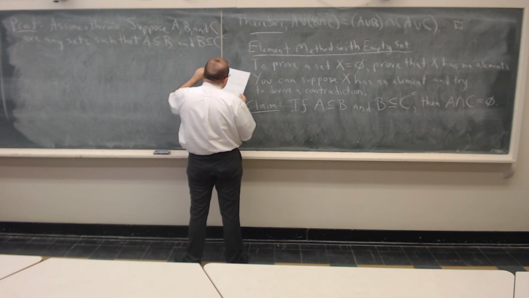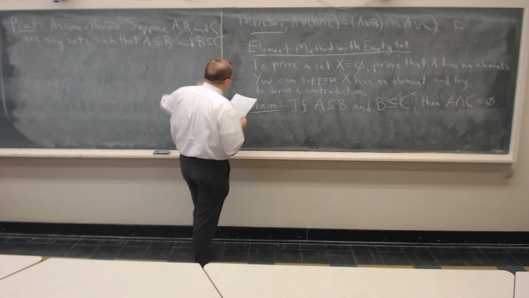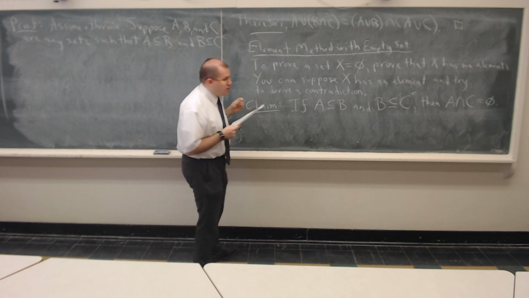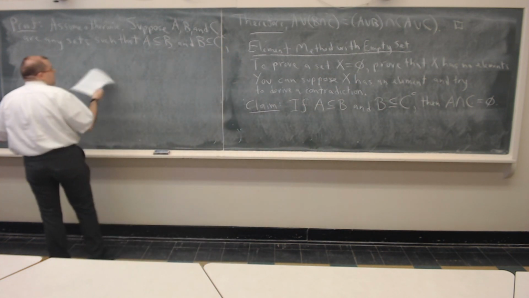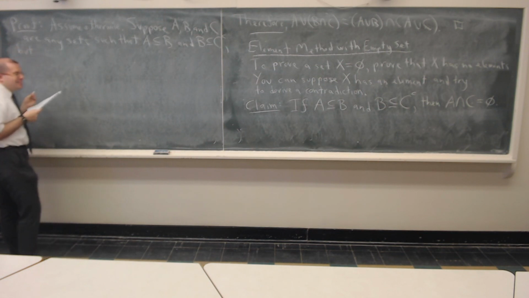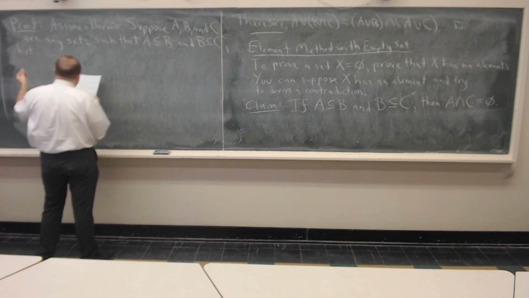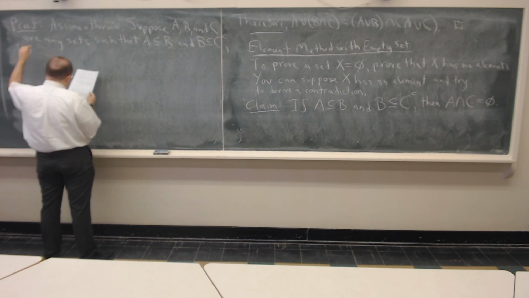But I'm not quite done, right? I still have to, this is one part of me negating the universal conditional statement, such that this, but, which remember, but is and, but I like to write it this way because it just kind of flows a little nicer, but you don't have to do it this way.